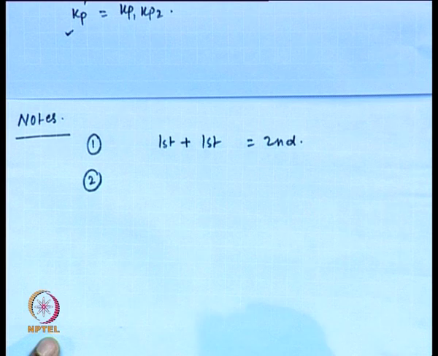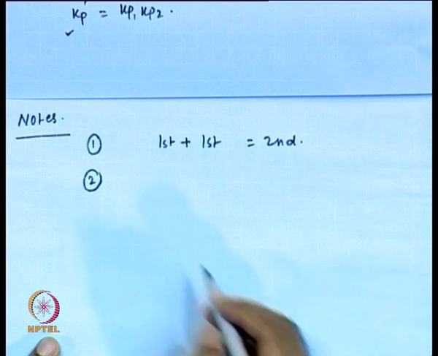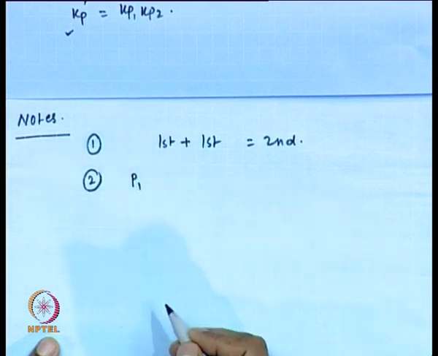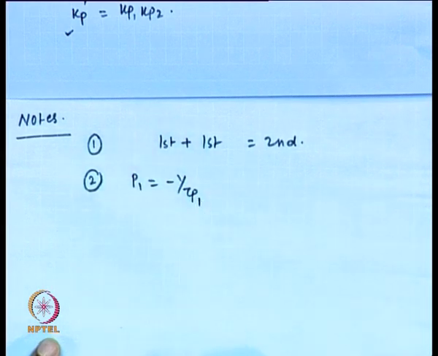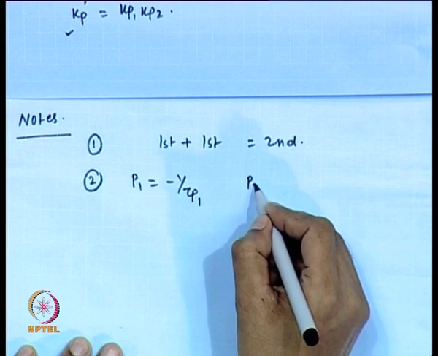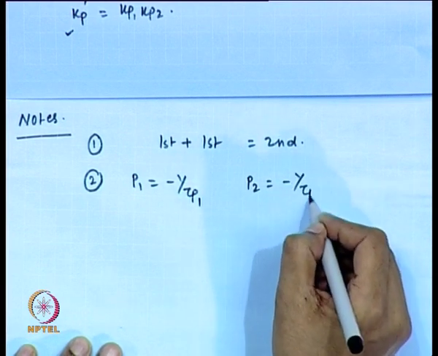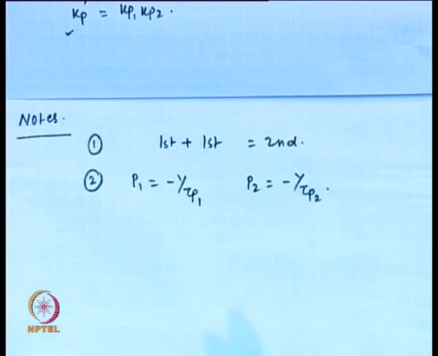Secondly, what are the poles in the overall transfer functions? One pole is minus 1 divided by tau p 1, another pole is minus 1 divided by tau p 2.